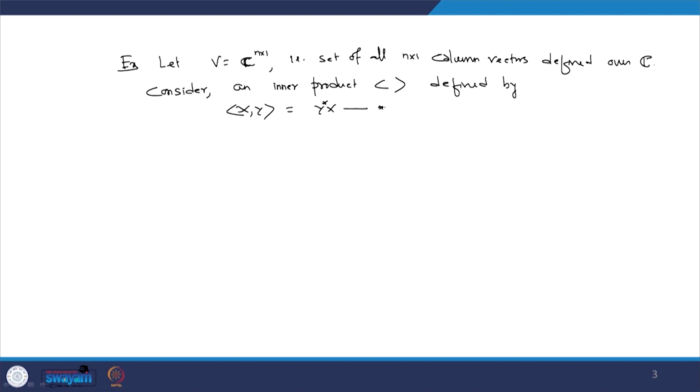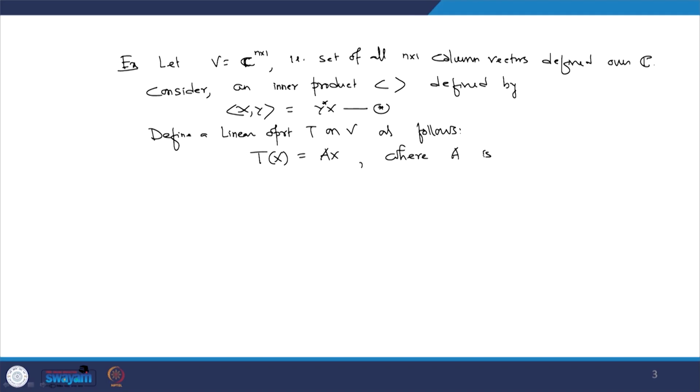This is the definition of the inner product. Then define a linear operator T on V as follows: T of x equals Ax, where A is a fixed n cross n matrix defined over C.